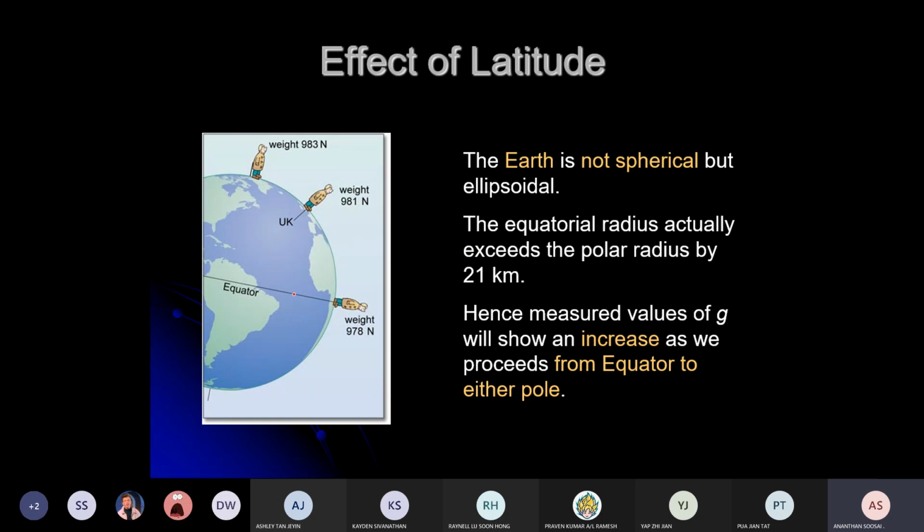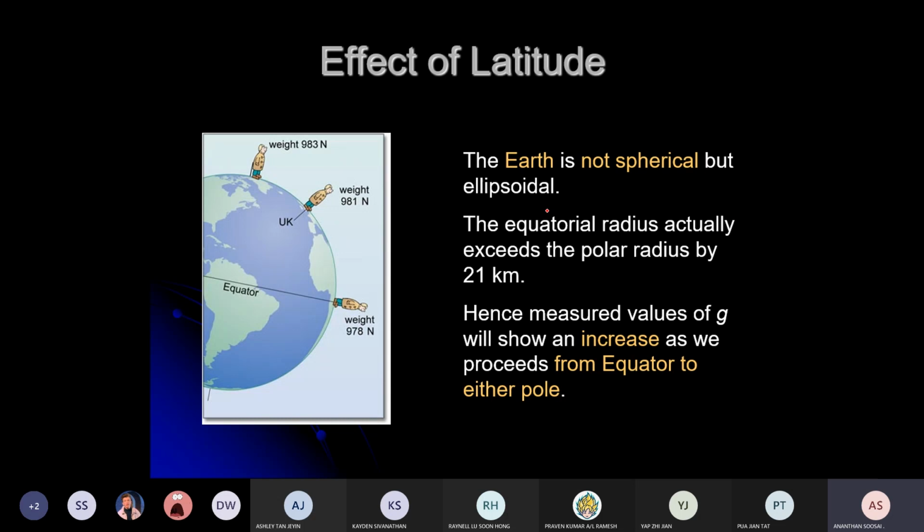This picture tells you, see, at the equator, the person weighs 978 Newton, but when he goes to the North Pole, it becomes 983 Newton. So you get heavier, gravity gets stronger. Why? Actually, there are two reasons to explain it. The first reason is, in reality, the Earth is not spherical, but a little ellipsoidal, because of the rotational effect.